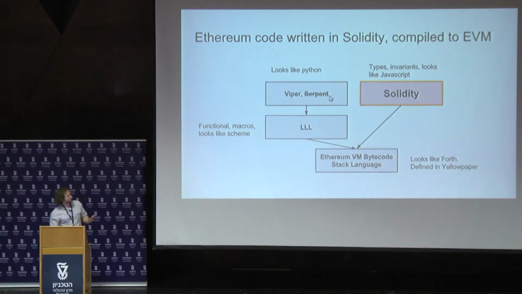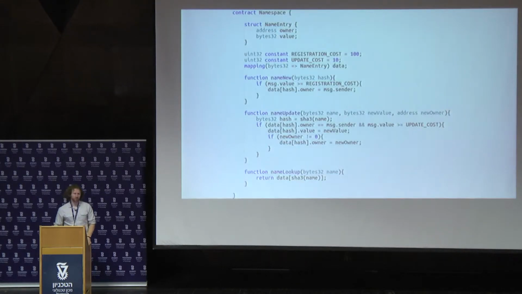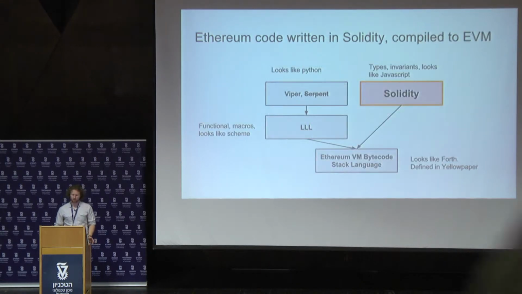Like I said, I hadn't said previously, but this example is written in a language called Solidity, which is what I'll be talking more about. There are other options. You can basically write in any high-level language you want for Ethereum, but the most popular one by far is called Solidity. And it compiles down to something called EVM, or Ethereum Virtual Machine bytecode.